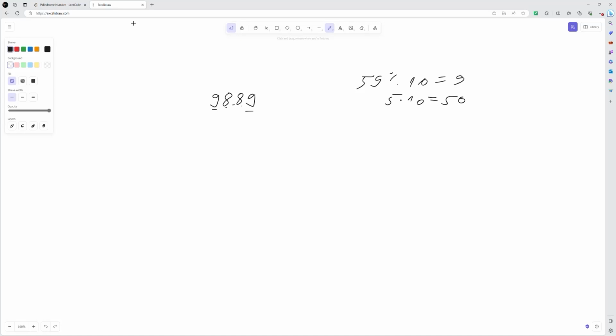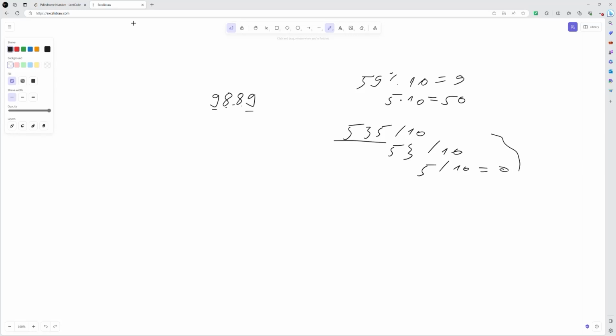It's basically asking the question, how many times can we divide the number by 10? Because if you think about it, for example, if we have 535 and we divide it by 10, it will be 53. If we divide it by 10, it will be 5. And if we divide it by 10, it will be 0. So it's 3 times until we reach 0. So there are 3 digits.